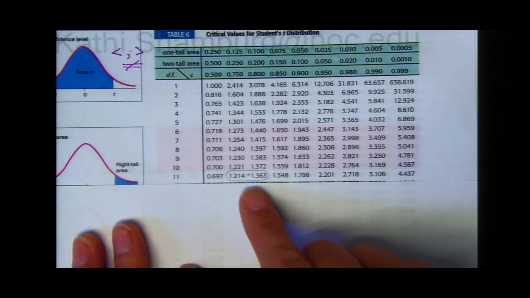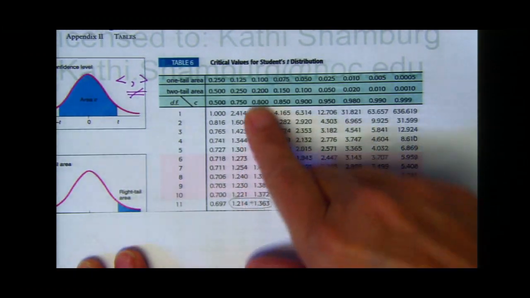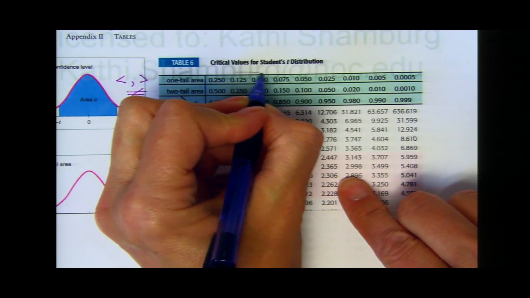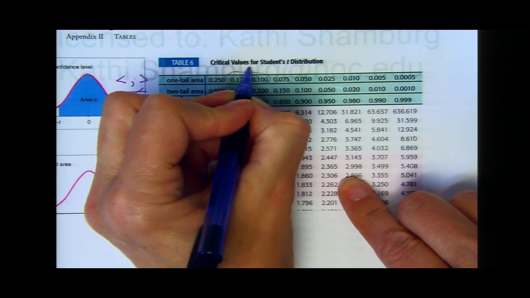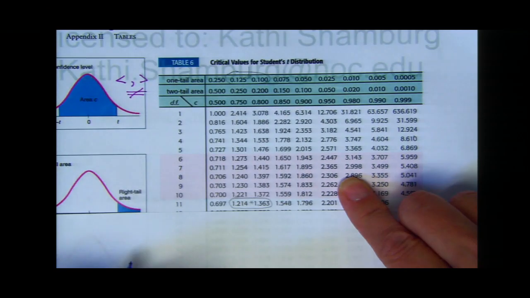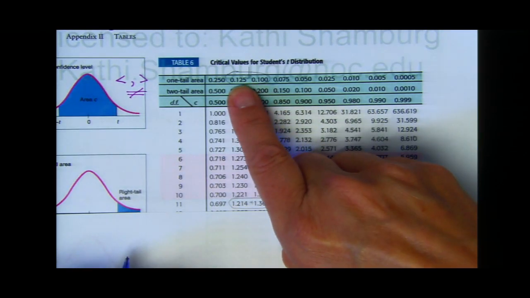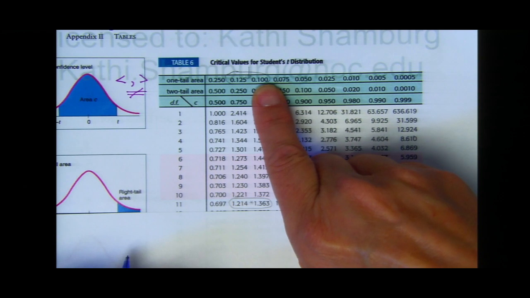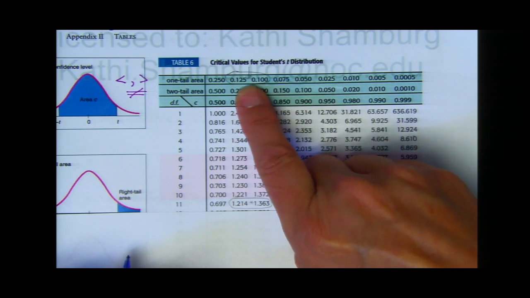So I'm going to come up here, and I'm dealing with a one-tail area. So I come up here, and it tells me the p-value I'm looking for falls between these two numbers, 0.125 and 0.100. Now be careful on this. When we write our p-value, it's going to be a range of numbers between two numbers, not an exact number.